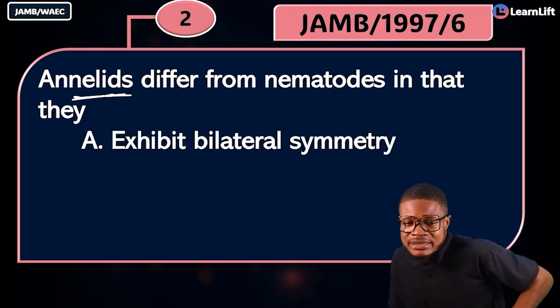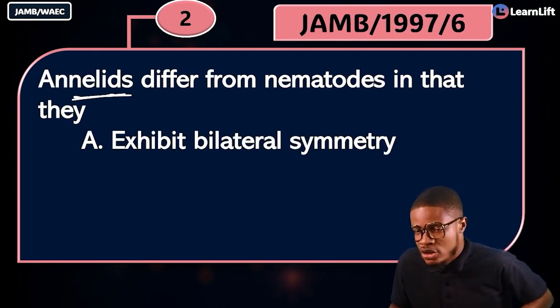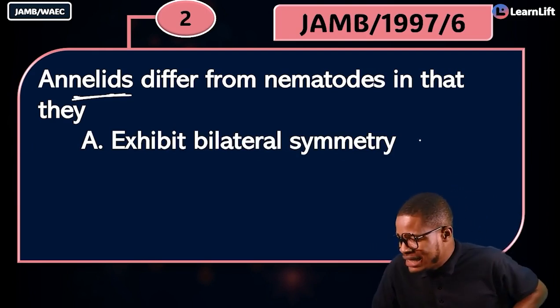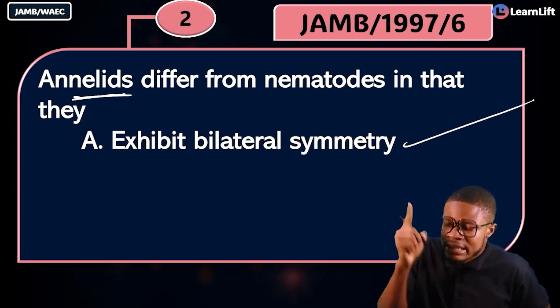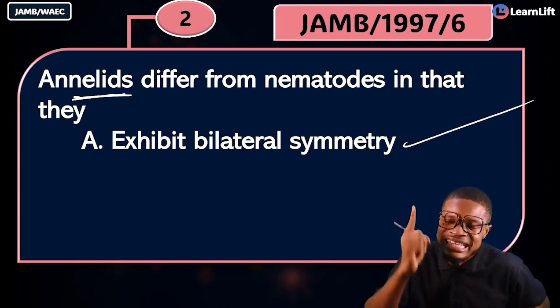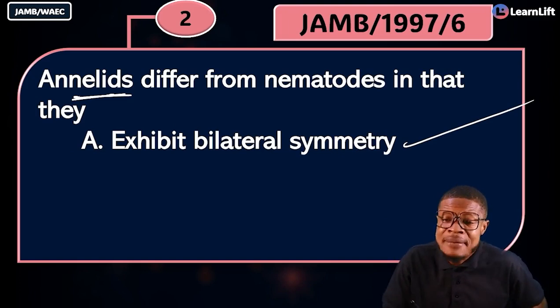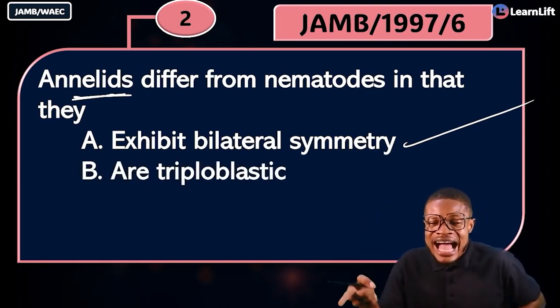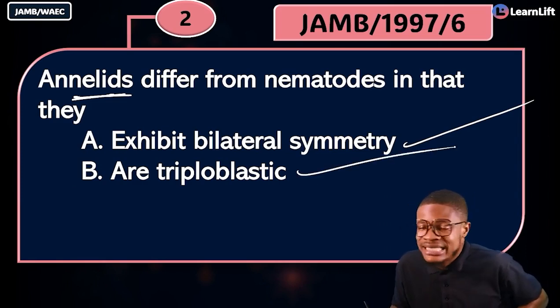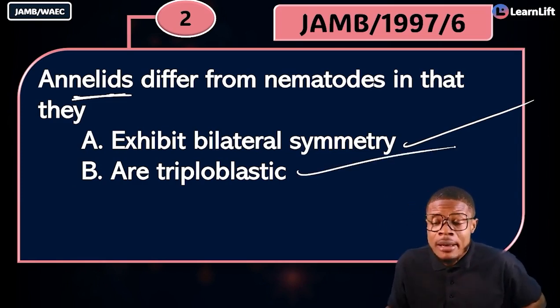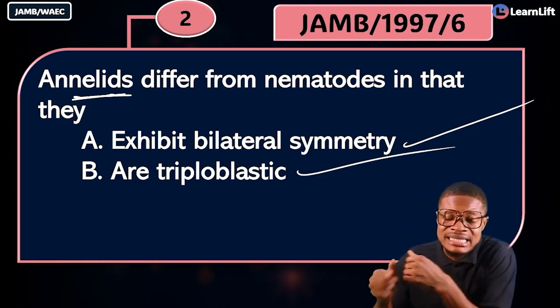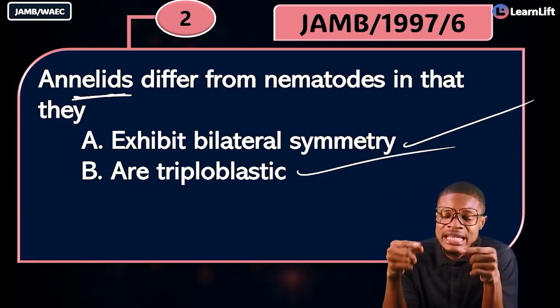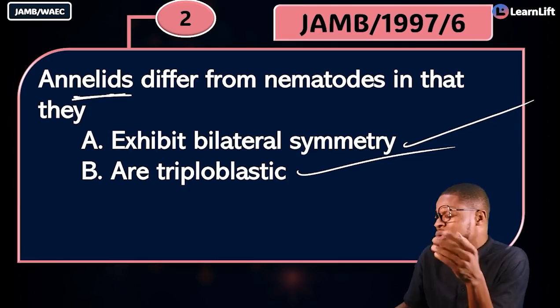Option A says annelids exhibit bilateral symmetry. Annelids are bilaterally symmetrical, that's true, but nematodes are also bilaterally symmetrical, and so are platyhelminthes. Option B says annelids are triploblastic. Yes, but triploblasticity started from the platyhelminthes, which are the flatworms.